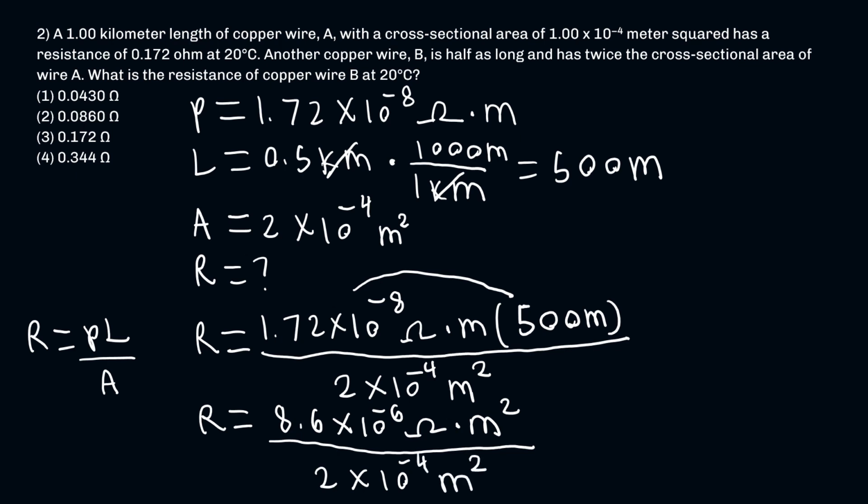So you should see that units are going to cancel and give me my ohms, which is my unit for resistance. So now I'm just going to plug this into the calculator and end up with my answer. So 8.6 times 10 to the negative 6th divided by 2 times 10 to the negative 4th.